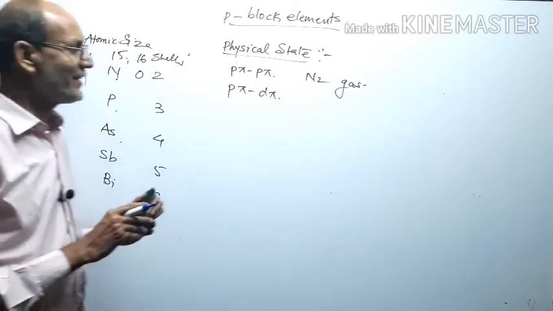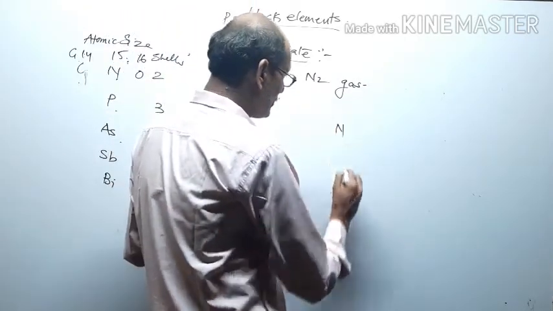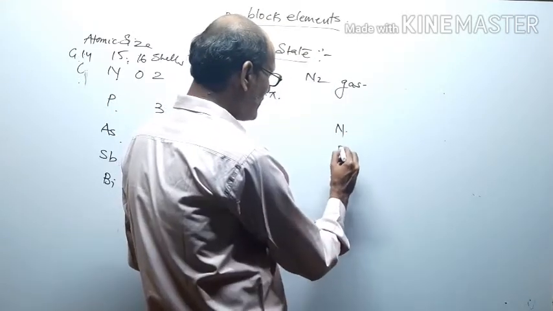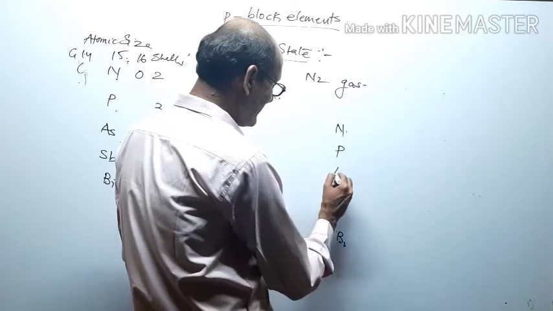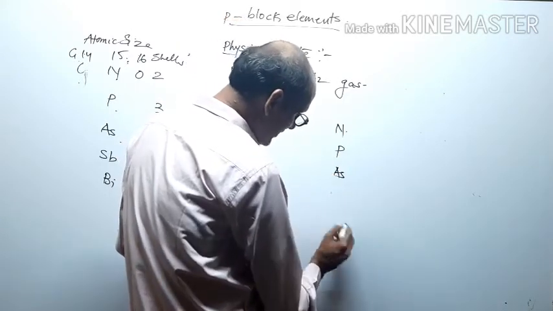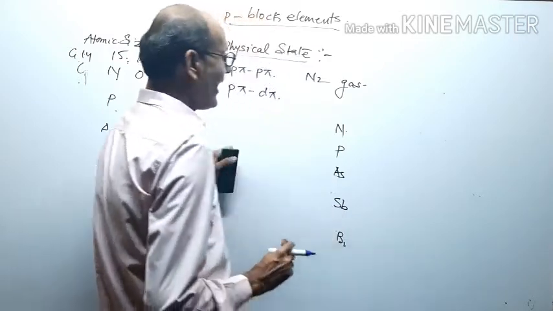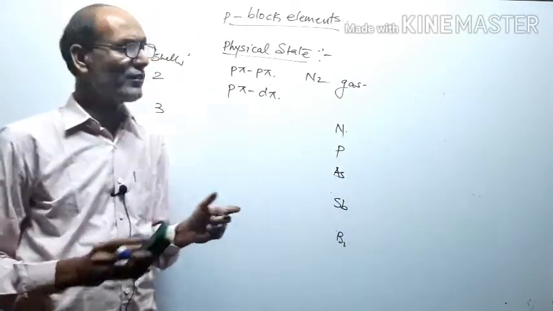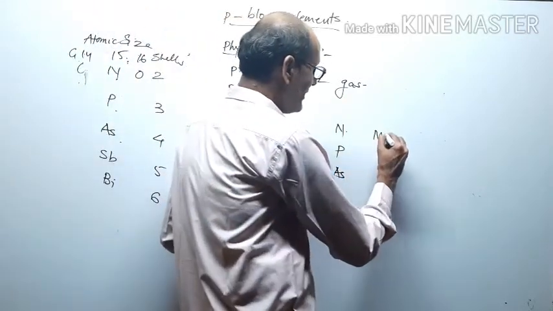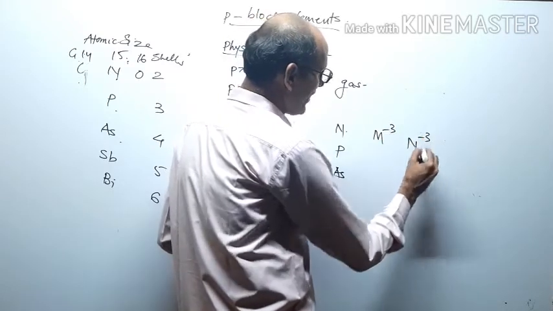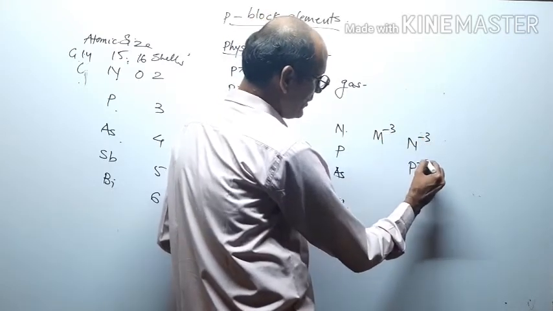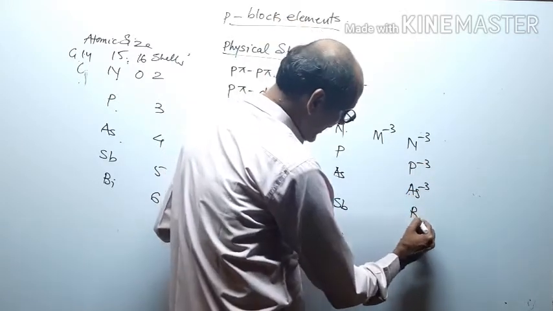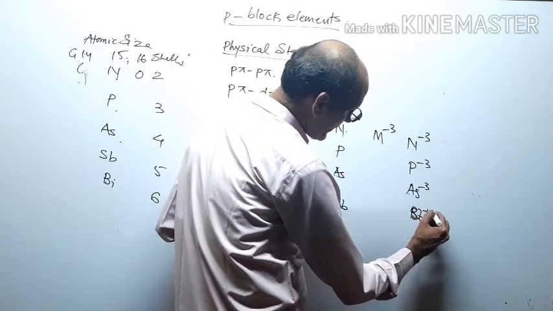Now moving towards the ionic radii, as we are moving from nitrogen to bismuth, nitrogen is a non-metal, phosphorus is also a non-metal, and arsenic is a metalloid, while antimony and bismuth show the positive nature. The first three form negative ions, that means M to the power -3. Nitrogen forms N triple negative, phosphorus forms P triple negative, arsenic also forms As triple negative, while bismuth and antimony will form triple positive.